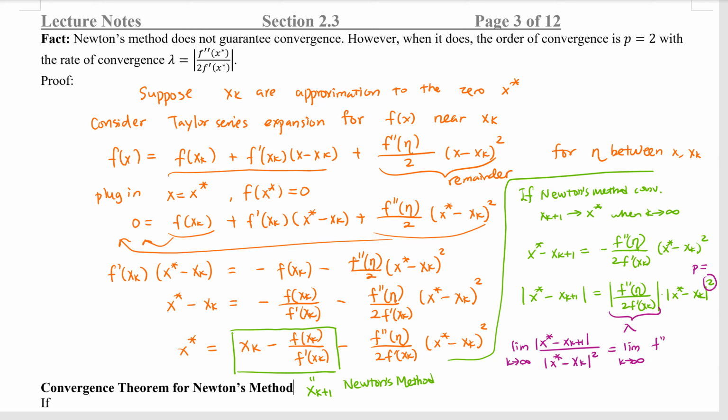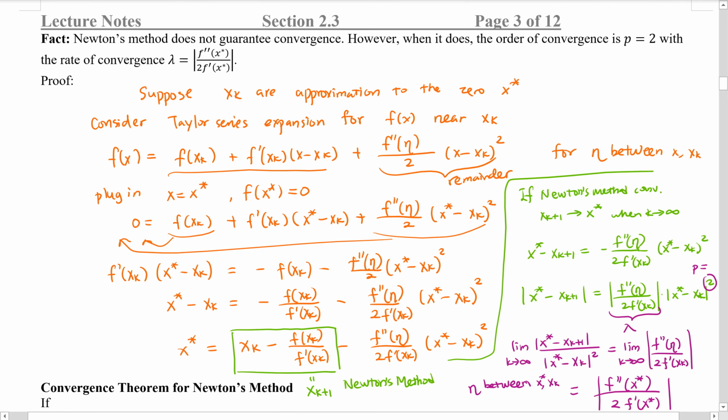And lambda is f prime prime eta over 2 f prime xk. Because if Newton's method converges, remember eta is between x and xk. If xk converges to the true value, then this is just f prime prime of the true value over 2 f prime of the true value.